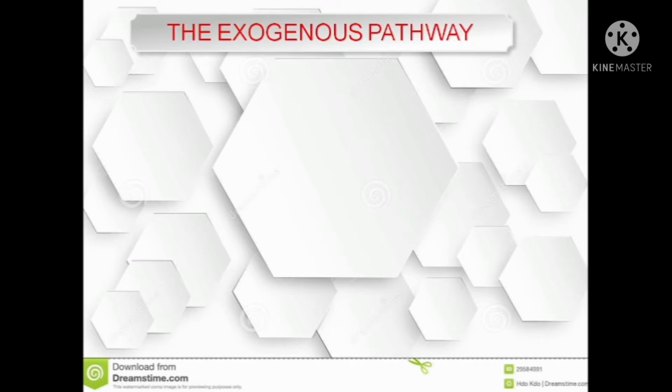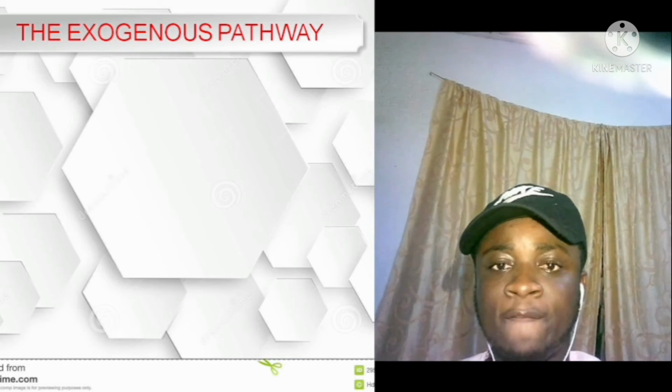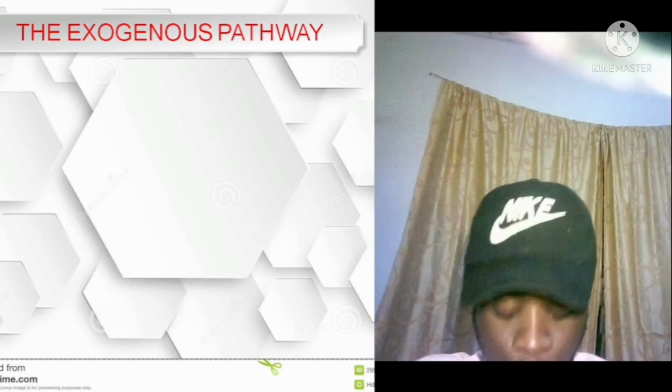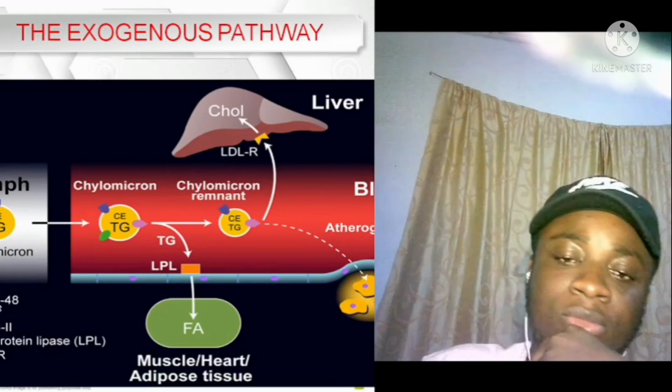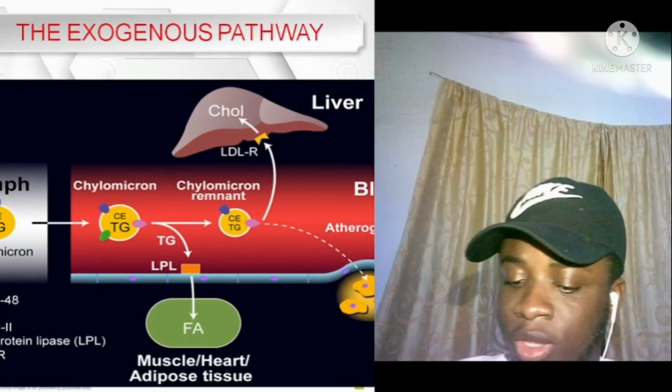Okay, so once we know the basis and some functions of this enzyme, we can move on by looking at these pathways. The pathways are very important. So let's proceed by looking at the exogenous pathway.